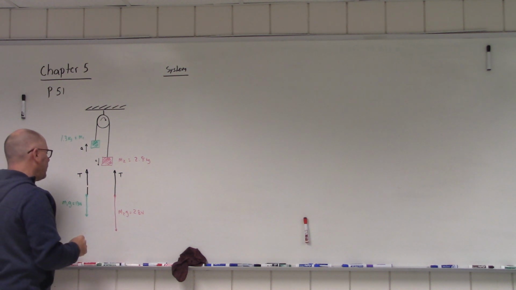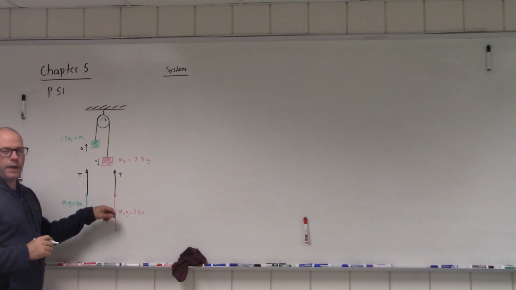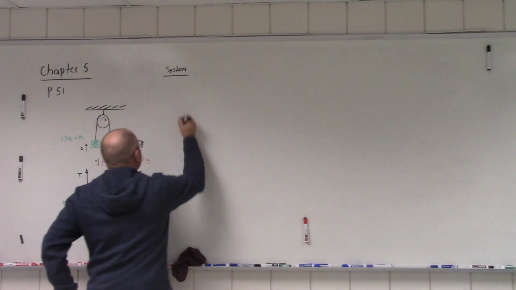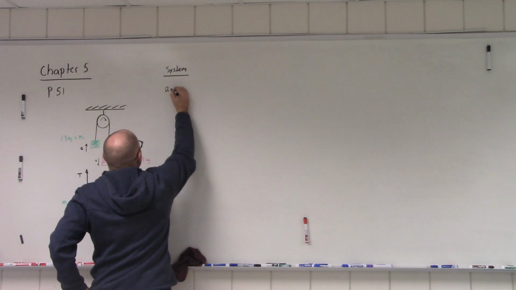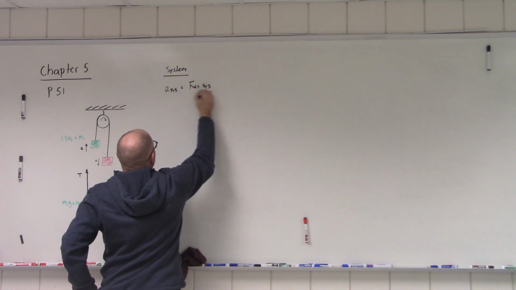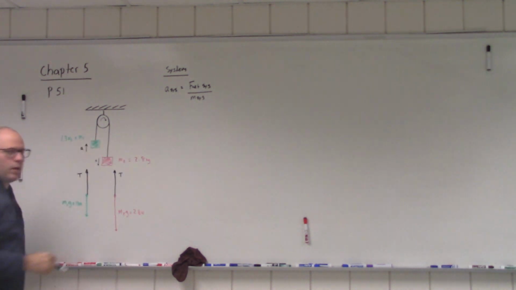So let's do the system. This 13 and this 28, they're fighting against each other, right? When I talk about the system, I know that the acceleration of the system is equal to the net force on the system divided by the mass of the system. And by the system, I mean both blocks.